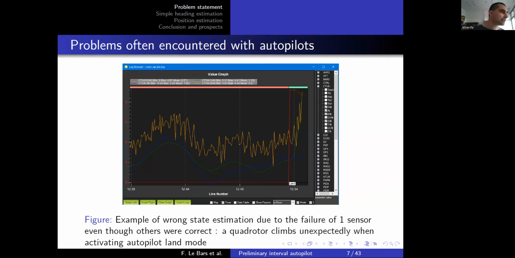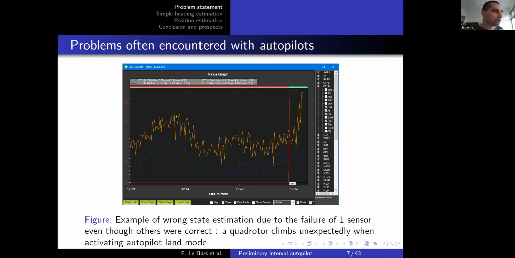In this slide, I propose an example of a problem that we got with an aerial robot. This quadrotor was asked at the end of what it was doing to enter into the land mode, which is a typical predefined mode of an autopilot.